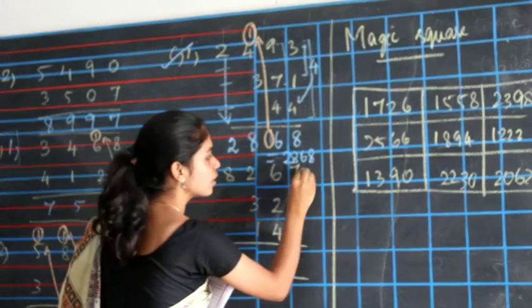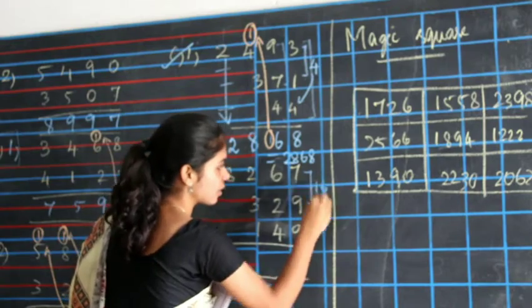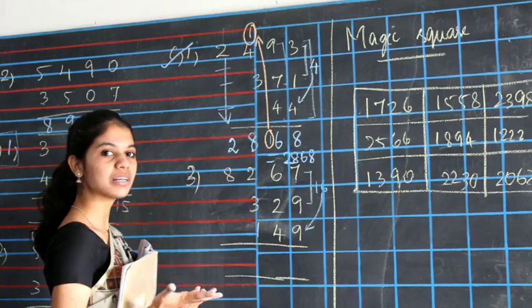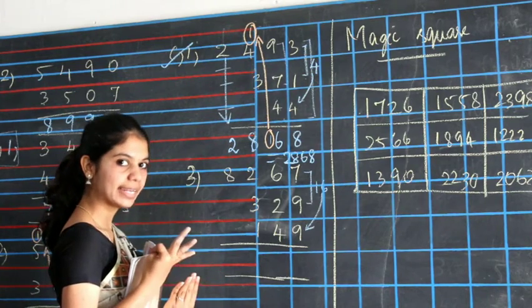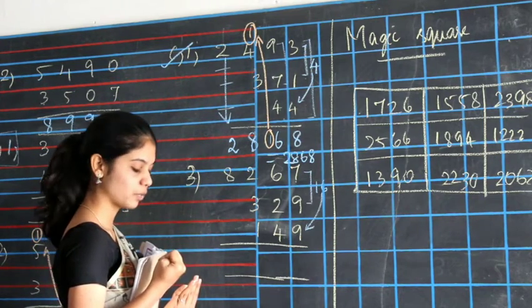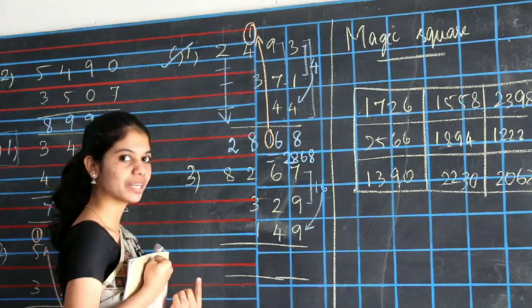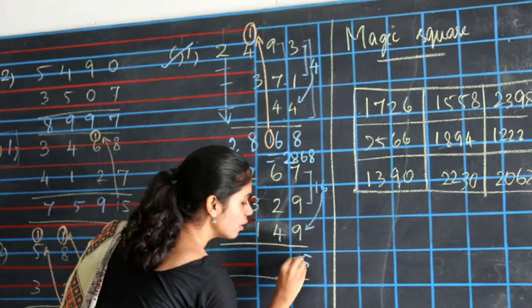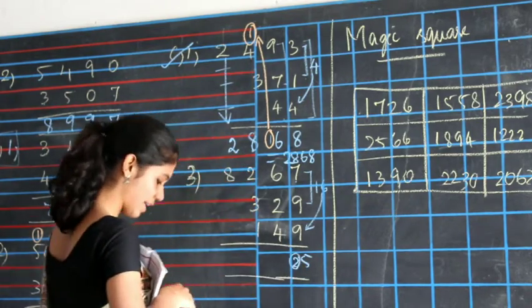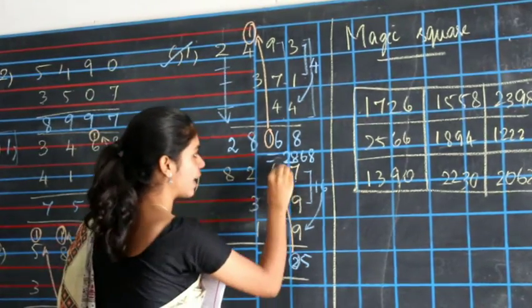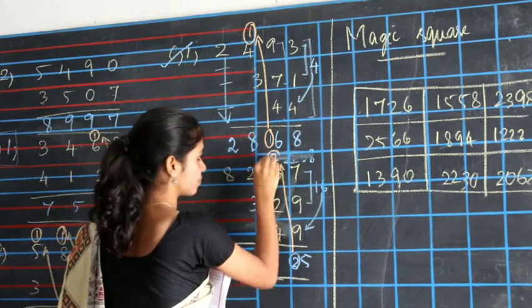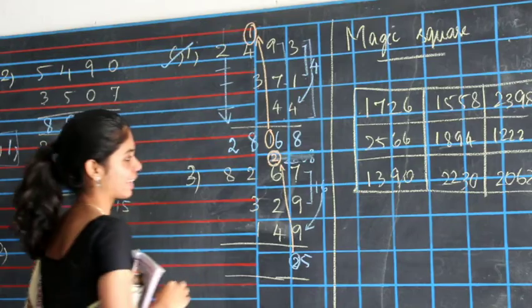So here you have 16. 16 plus 9. 16, after 17, 18, 19, 20, 21, 22, 23, 24 and 25. So you will be having 25. Here you will be having 2 as your carry. You will take that to the top. 2 will be your carry.